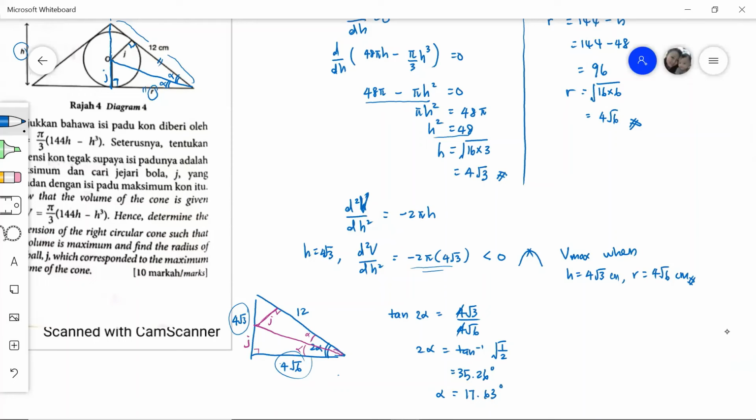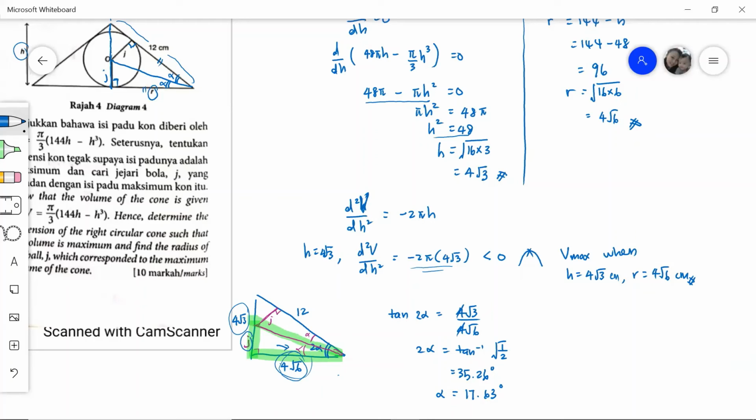Now, let's highlight the right-angled triangle with green. With the green highlighter, now we can find the value of j. How do we find the value of j? j is opposite to the angle alpha, and we need to use the adjacent side.